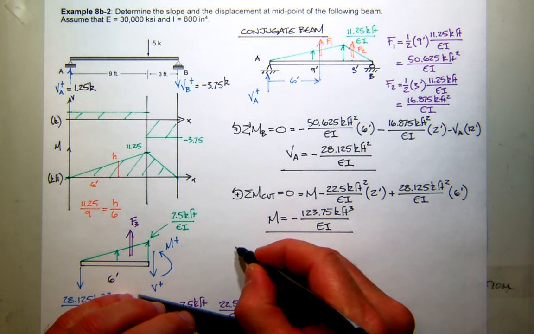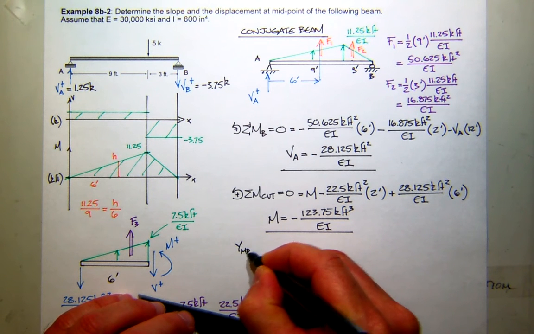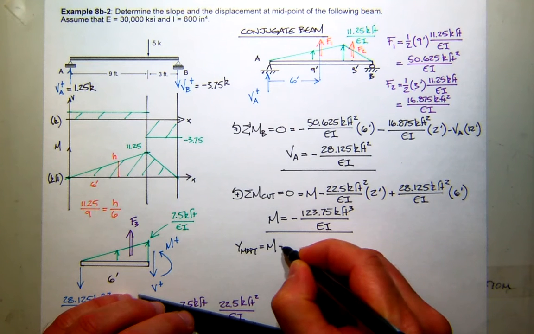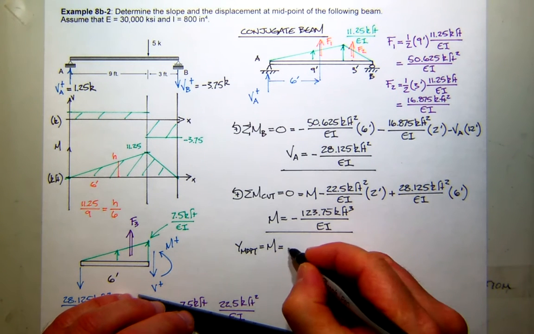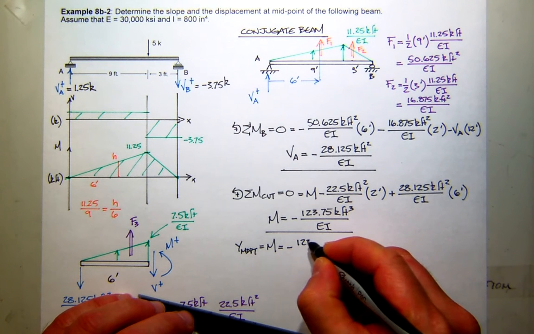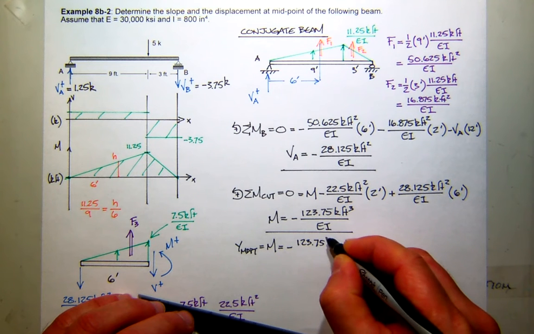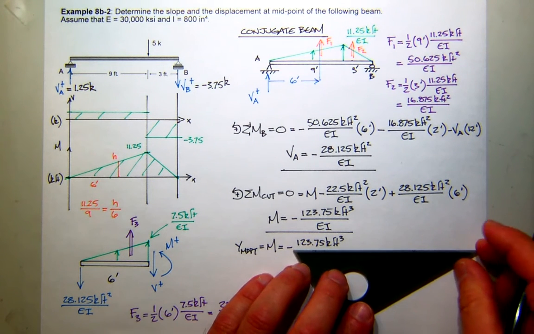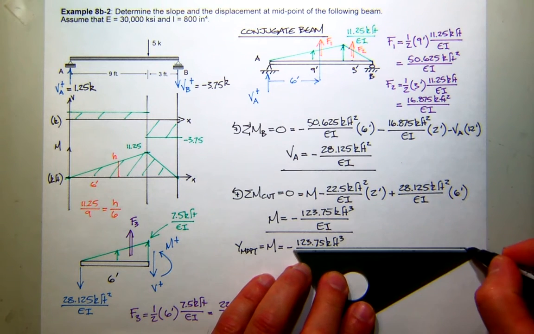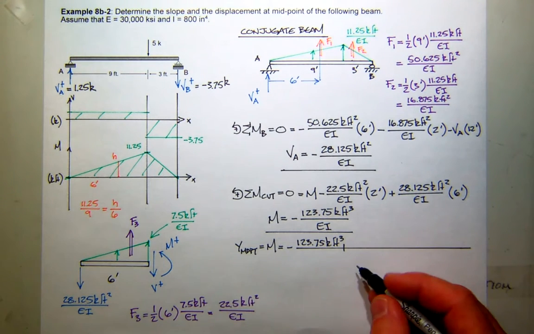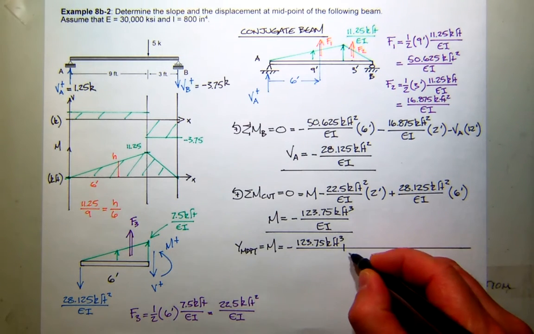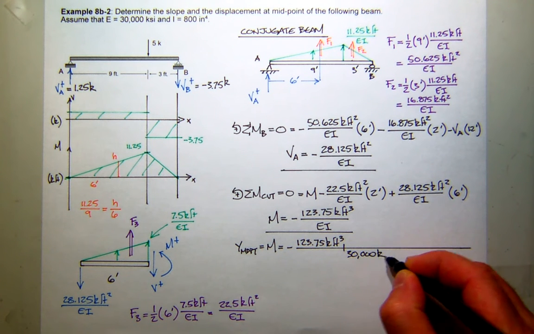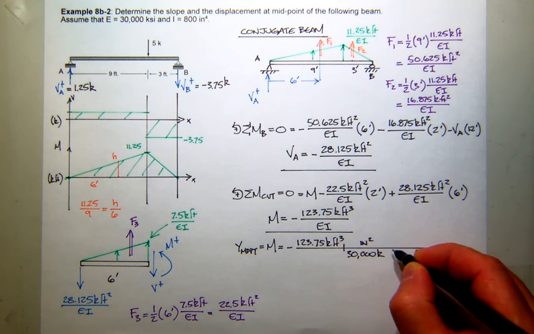Because we know that the displacement at the midpoint is given by that moment, which is negative 123.75 kip feet cubed. And now we just have to do our unit conversion. So again, we're going to divide by E and I. E in this case is 30,000, and that's kips per inch squared.